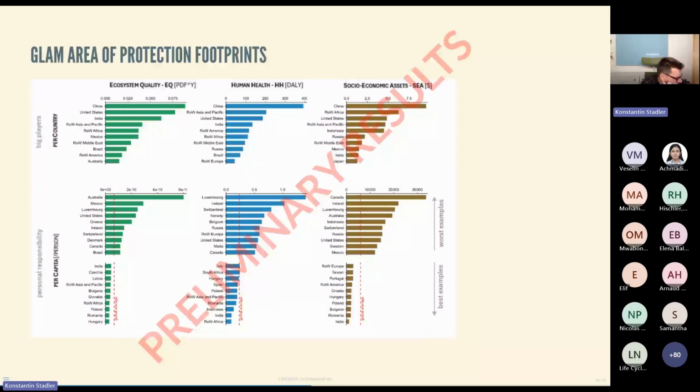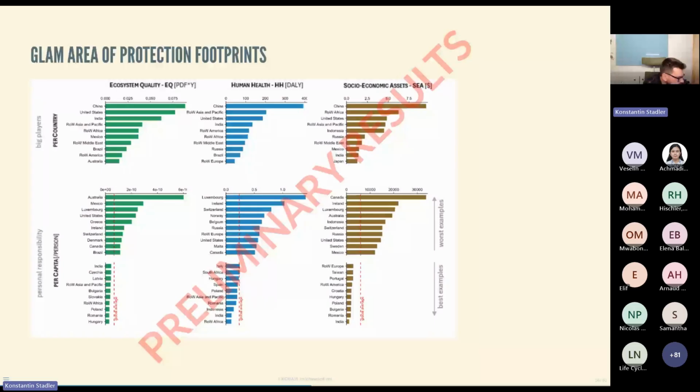And what I find surprising in this picture so far is that for European countries, we see them on both ends of the scale. So if you look at ecosystem quality, we find Greece, Ireland, Switzerland on the top half of the graph. And then we also find countries like Slovakia, Latvia, Czechia on the bottom half, which is not the case for carbon footprints so far.